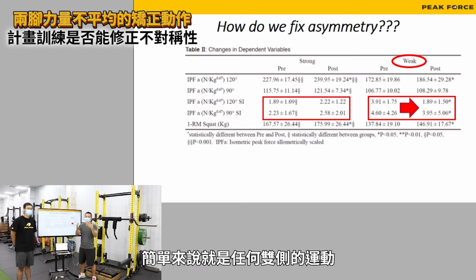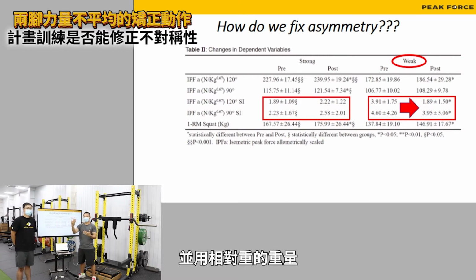So this tells us, as some people ask me what kind of exercise is really good, the quick answer is if you do any bilateral exercises with relatively high intensity, you don't have to do many repetitions. You might have to do many sets in order to do a small number of repetitions.